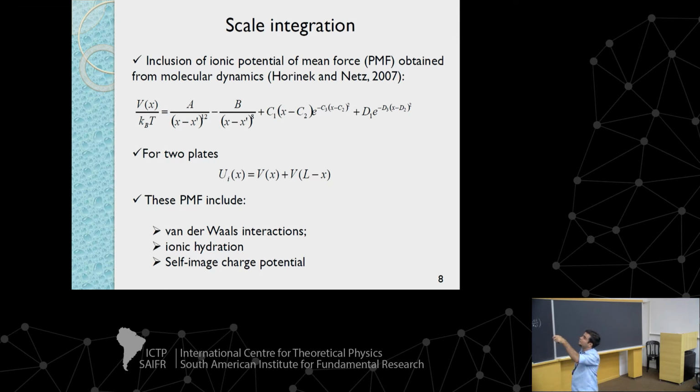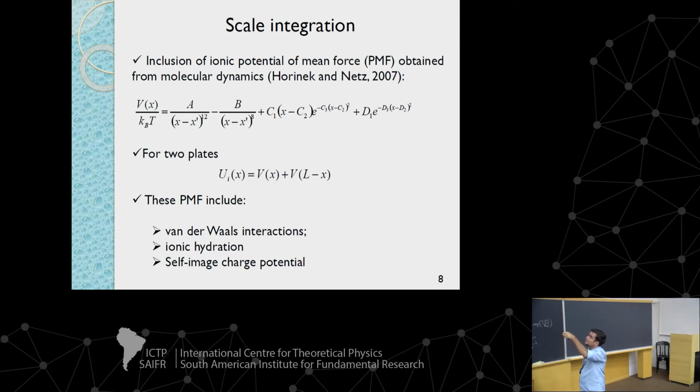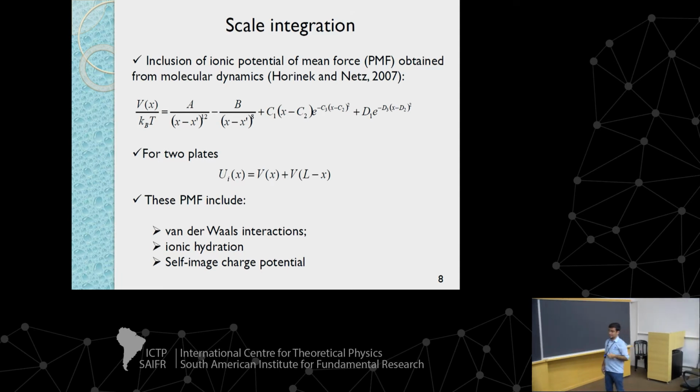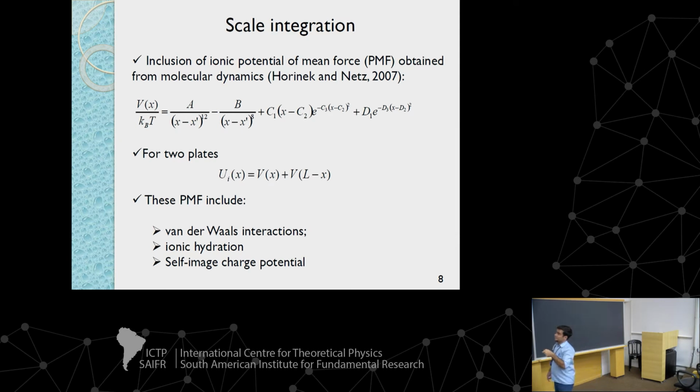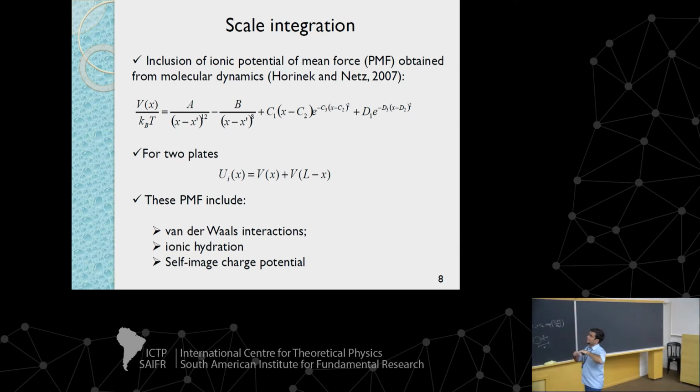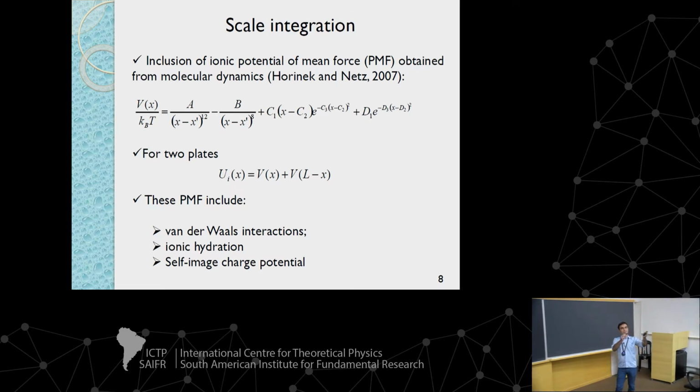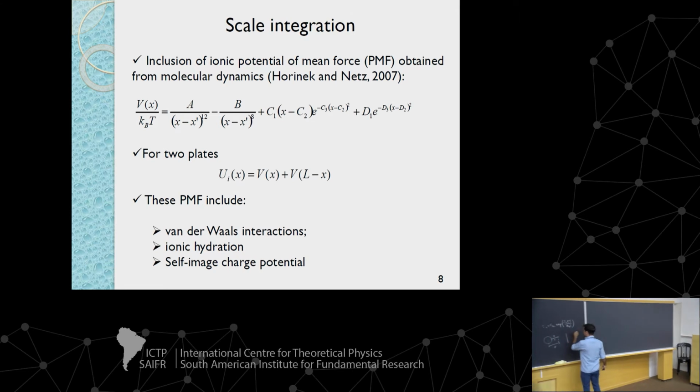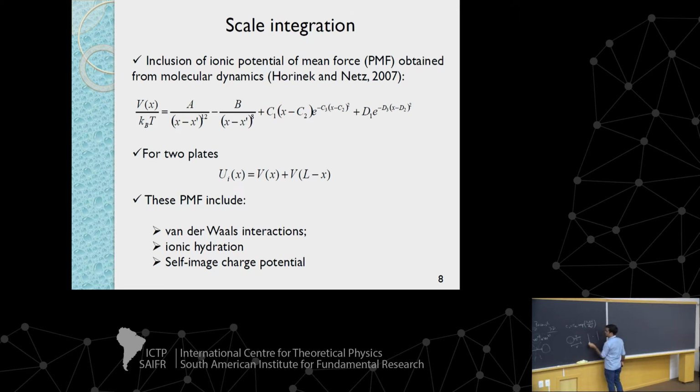And we account for the interaction of the ion with the first interface, and this is the interaction of the ion with the second interface as a function of x. So what we get here is the total interaction between the ion and the two surfaces, okay? So we are considering here that we have, for example, two plates and the ion here.